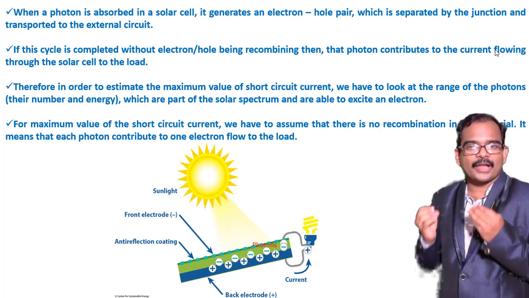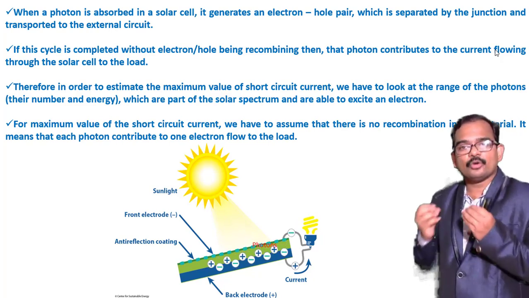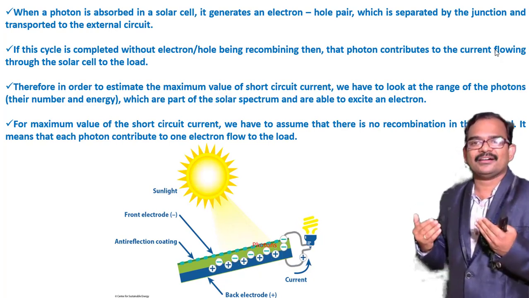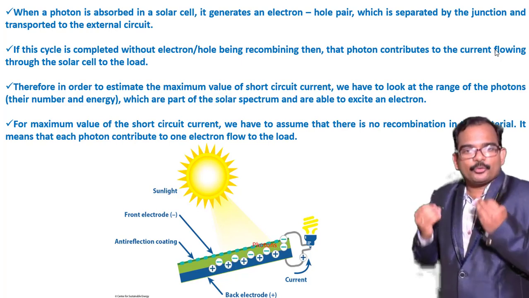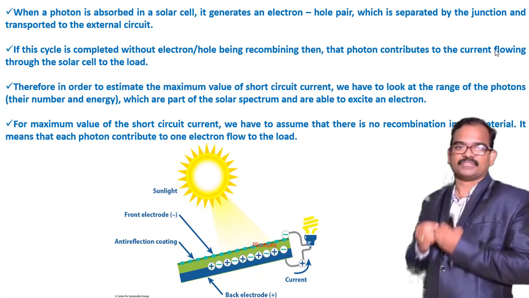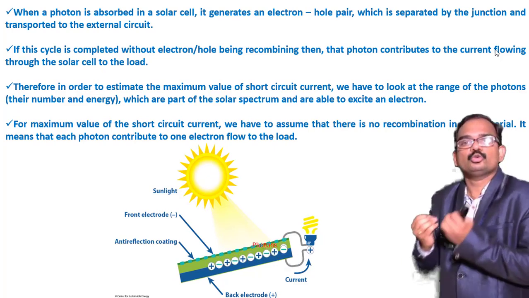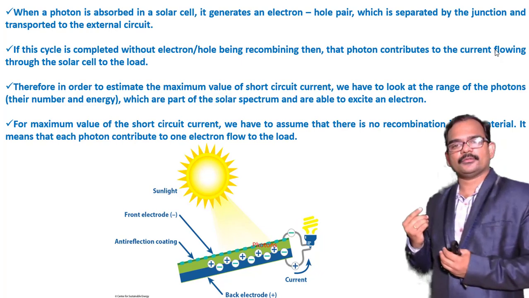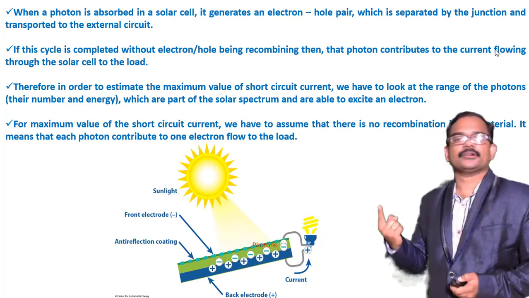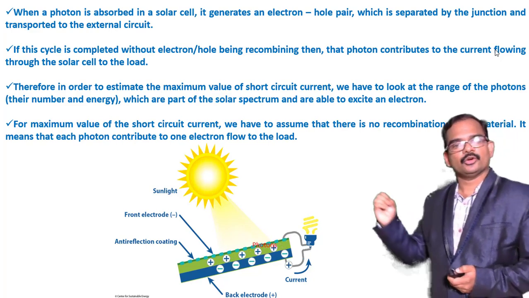So for the maximum value of short circuit current, we have to assume that there is no recombination in the material. That is, each photon contributes one electron flow to the load. From every photon, we get one electron and one hole.